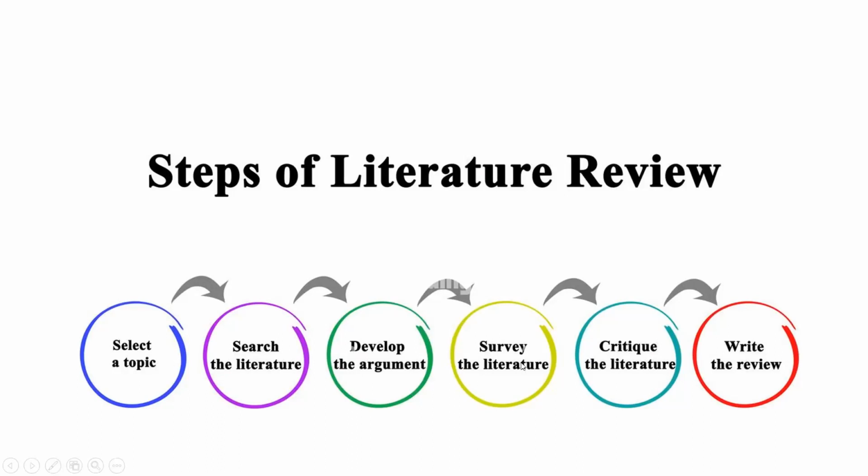Then survey the literature again and find out whether the problem you are trying to study is already solved, and whether any solution for that problem is available. Critically search for the problem and for the solution as well. If it is not available, then you can go ahead with the problem. After doing the critical literature survey, write the review of literature.